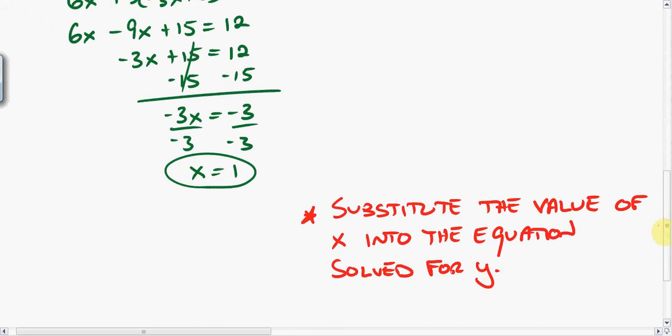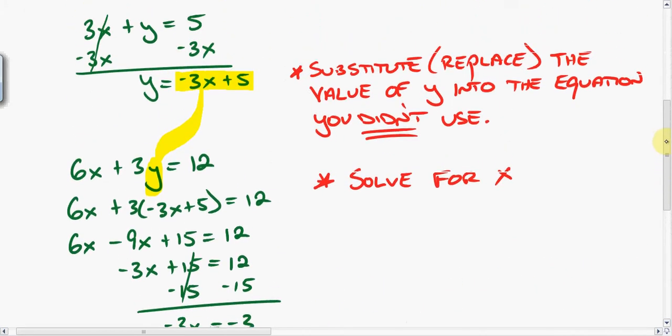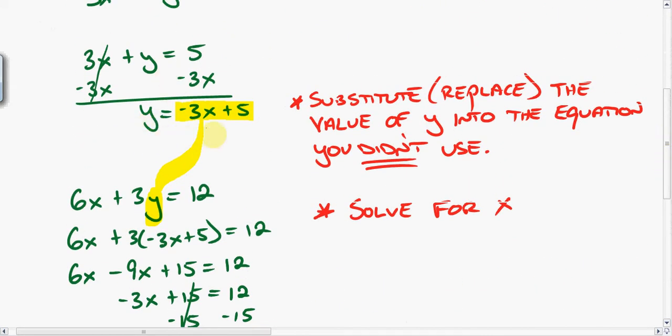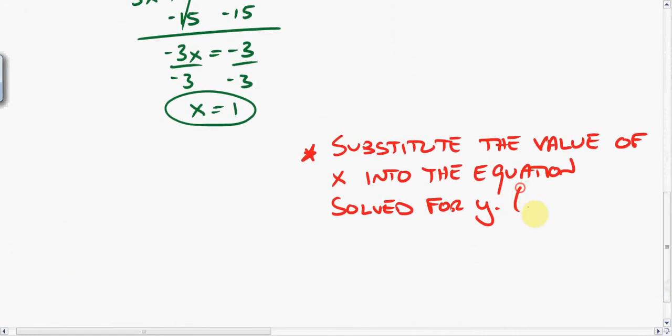So what does that mean? Well, the value of x is right here. What does x equal? 1. So we've got to find the equation we solved for y, and that's right here. This is the equation solved for y. y equals negative 3x plus 5.